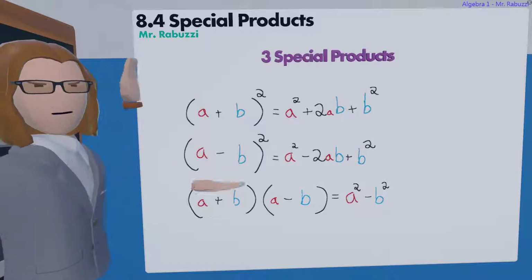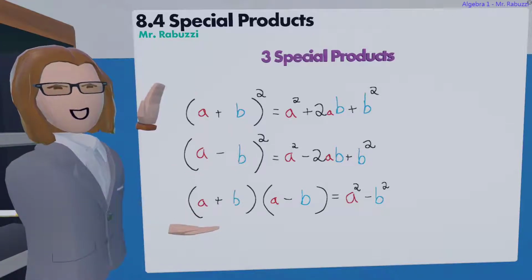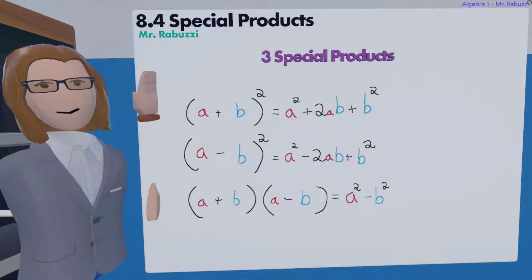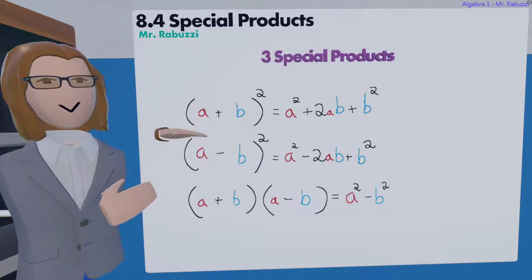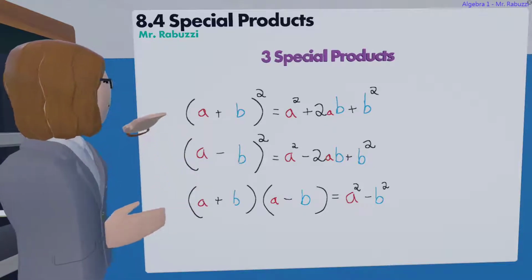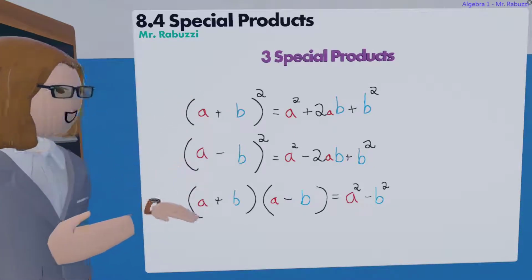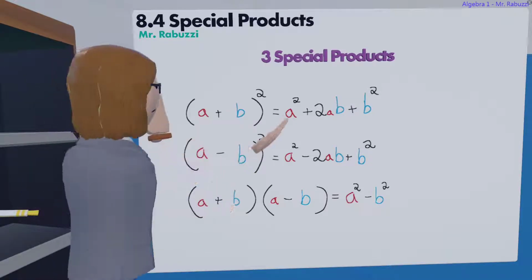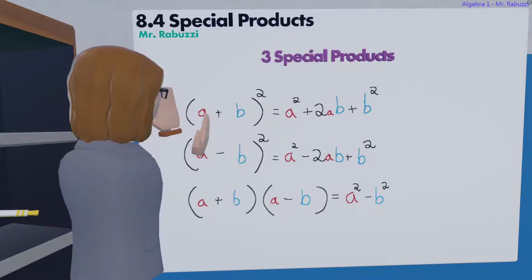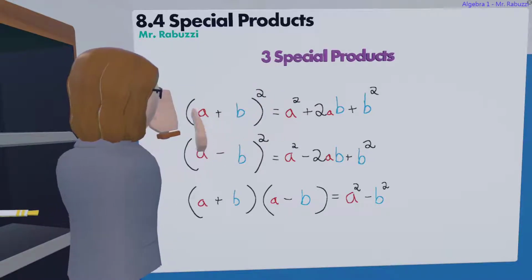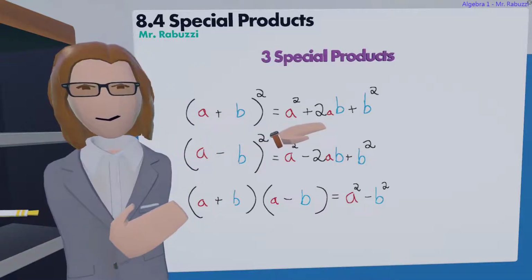Okay, so this is a good screen if you want to take a picture, or it's in your notebook too. It's in the notes on the assignment page. This is a good screen to have up if you want to work side by side with it. These are the 3 different special products we're going to talk about today. So what this means is anytime you see something plus something squared, the answer is always going to be the same format.